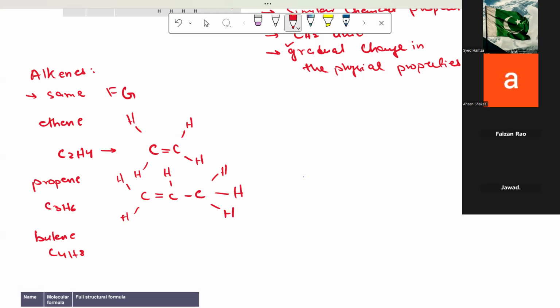Okay, so 6 hydrogens here. And then C4H8, so 4 carbon molecules, a double bond, and the hydrogens. हो गया पूरा सही है.